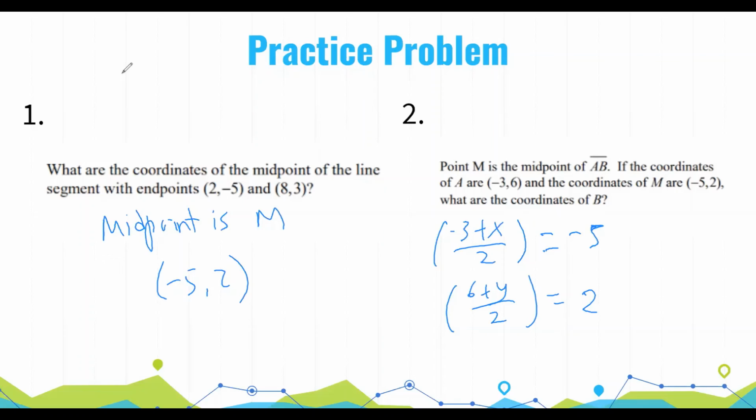For the x value, you multiply by 2 on both sides because you see the dividing on the left side, so it becomes -3 plus x equals -10. And for the second one, it would be 6 plus y equals 4.